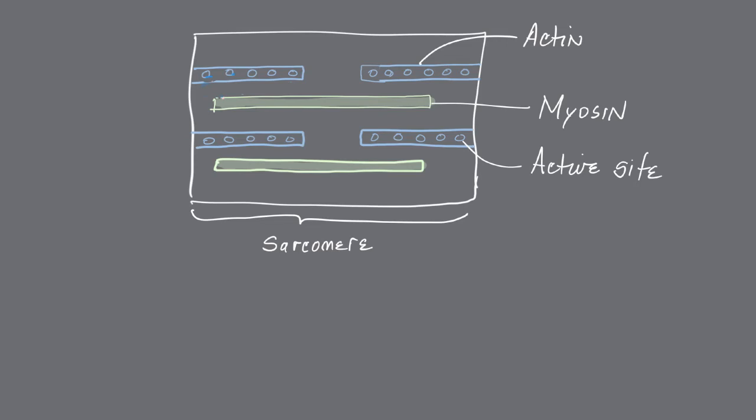The thin filament has active sites. So the active sites are on the actin molecules. These are important because this is how the myosin makes contact with the actin. As we see these structures in pink, those are the myosin heads making contact with the active sites on actin.